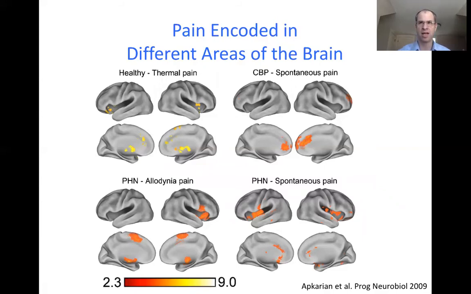However, in chronic pain, the activation in response to either an innocuous stimulation or just spontaneous pain are quite different. And they're different in particular in that there's a broader region of activation, and that activation includes regions like the medial prefrontal cortex and limbic regions.